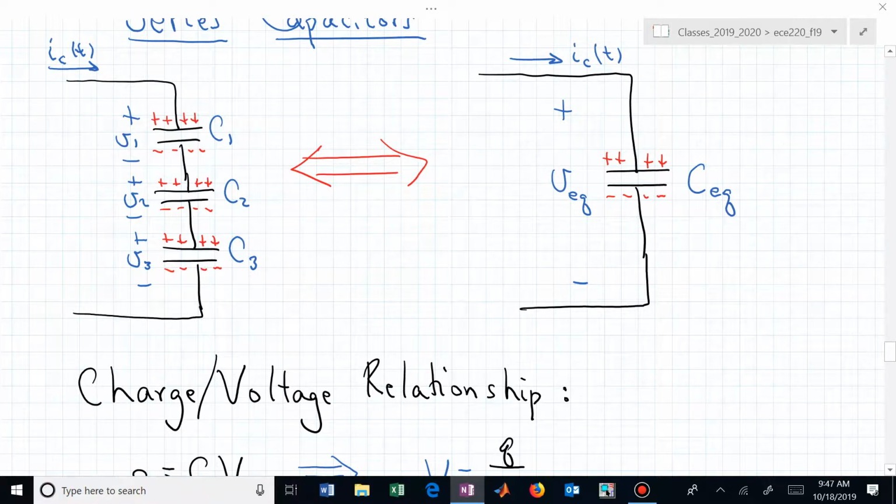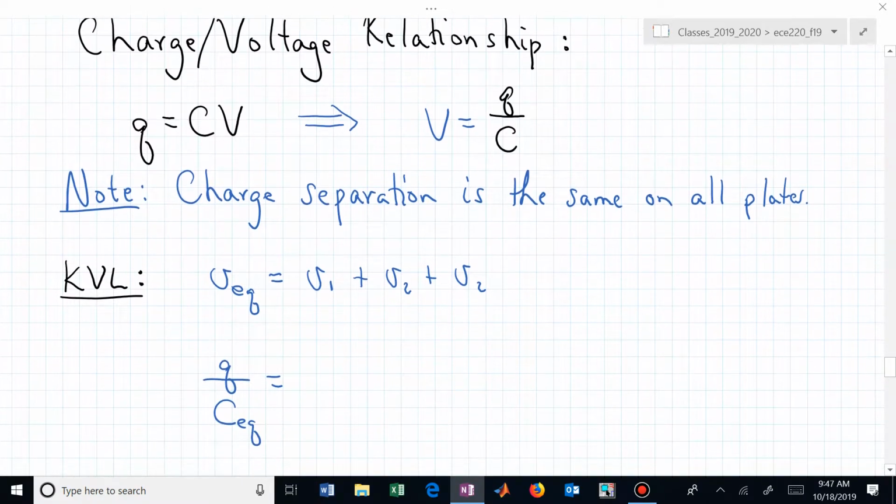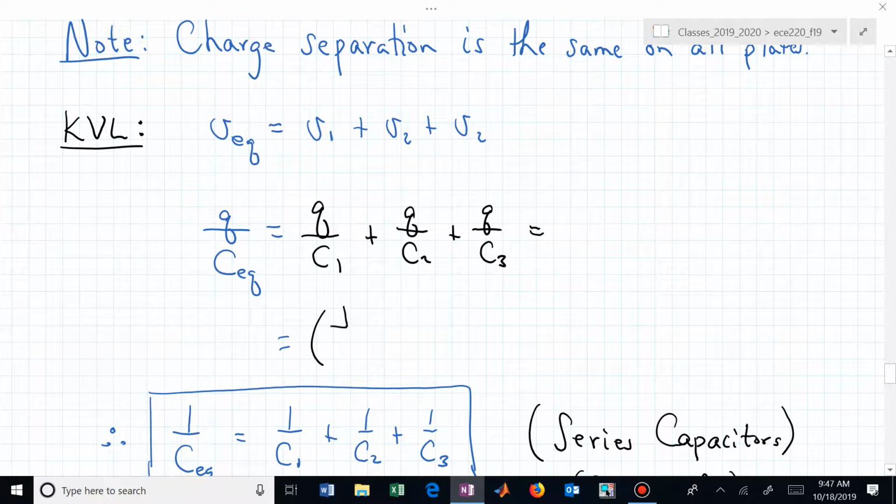That voltage needs to be equivalent to V1 plus V2 plus V3. We now know that V equivalent is V1 plus V2 plus V3, but we have this relationship for voltage. And so now we have Q is the same in all these cases. Or we can now factor out that equal Q.